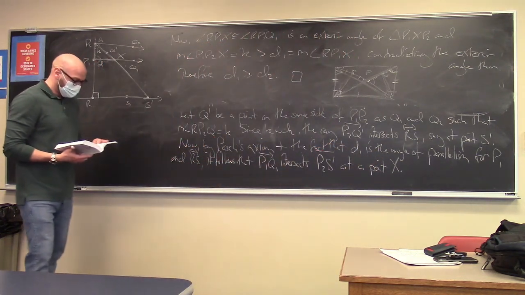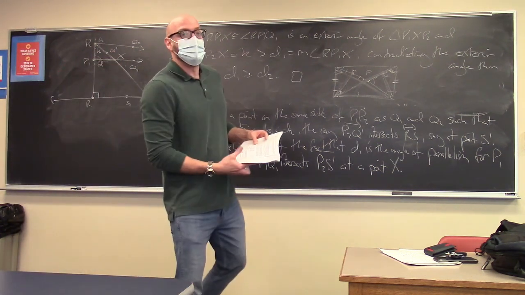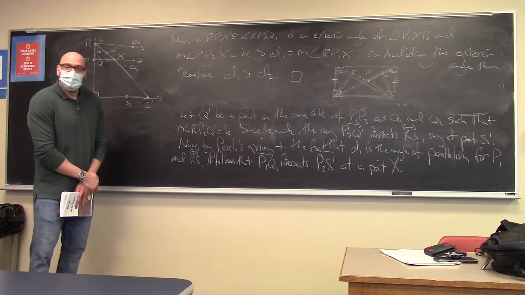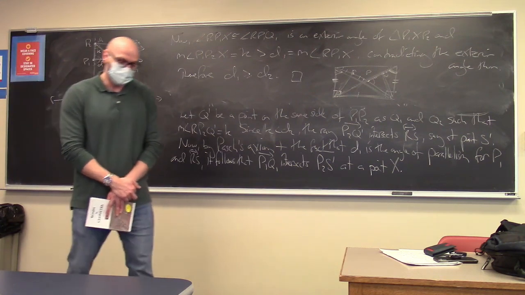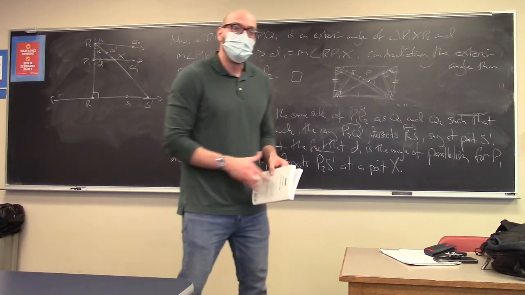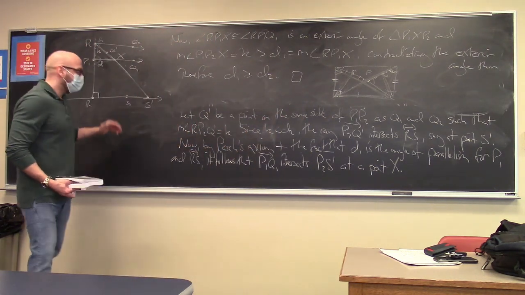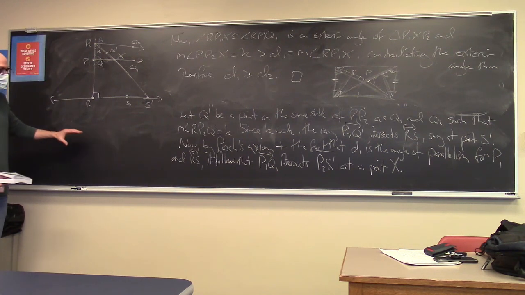Number 22 says prove an interesting result: if the sum of the angles of every triangle is a constant n, then n must be 180, and therefore the geometry is Euclidean. So we know in Euclidean geometry, the triangle sum of every triangle is 180. This says something a bit stronger. It says if every triangle has the same angle sum, so this establishes that in hyperbolic geometry you must have triangles with different angle sums.